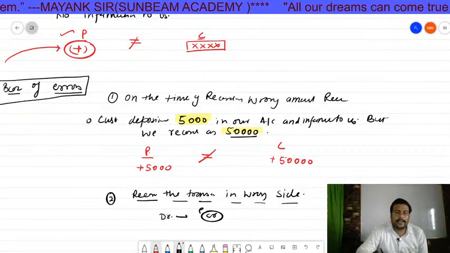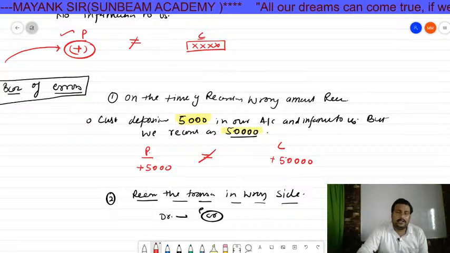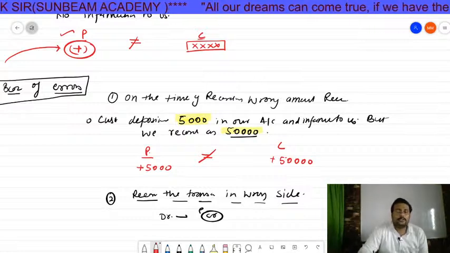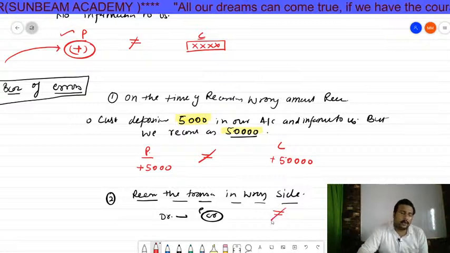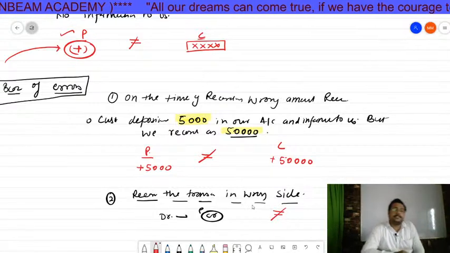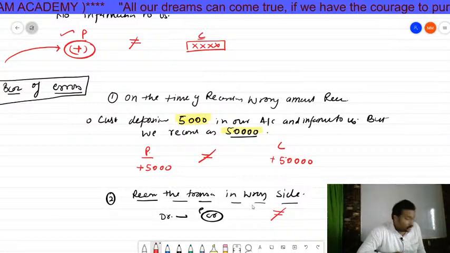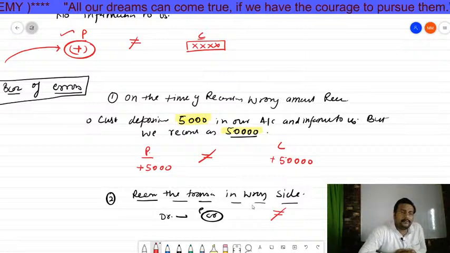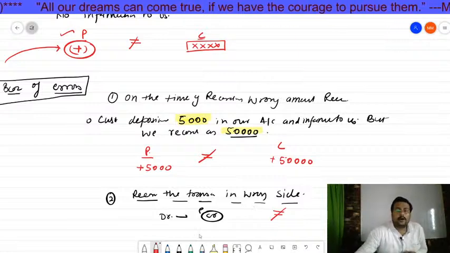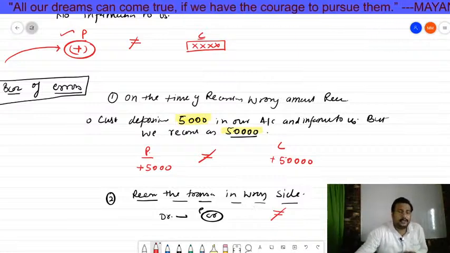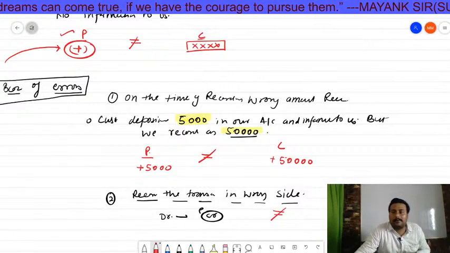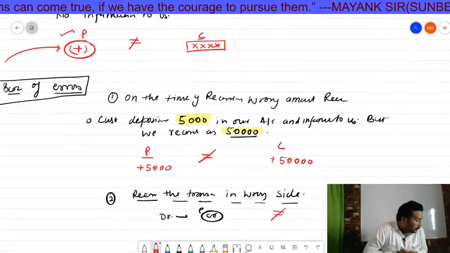Okay, but in the cash book, child, it is recorded on the right side. So the difference will always come. So these are the reasons why the BRS has the difference between passbook and cash book. These are the reasons why the differences are coming between passbook and cash book.